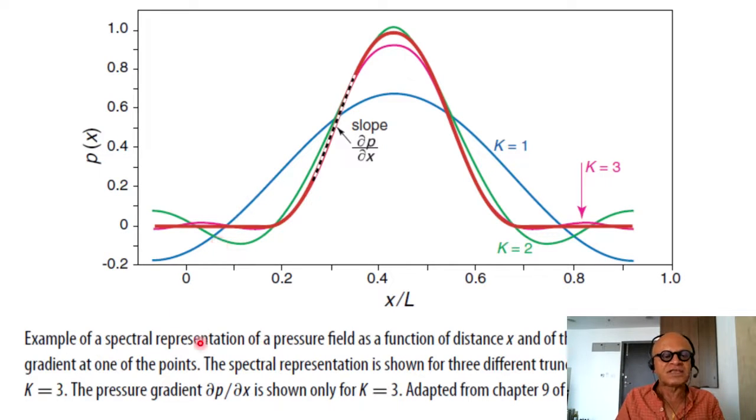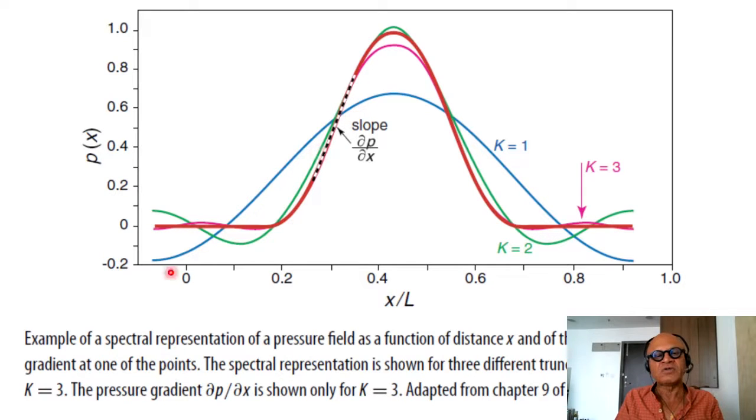So here is an example of a spectral representation of a pressure field as a function of distance x, and of the spectral pressure gradient at one of the points. The spectral representation is shown for 3 different truncations: k equal to 1, k equal to 2, and k equal to 3. Pressure gradient dp dx is shown only for k equal to 3. You can see here our original dp dx, the slope we want to represent.